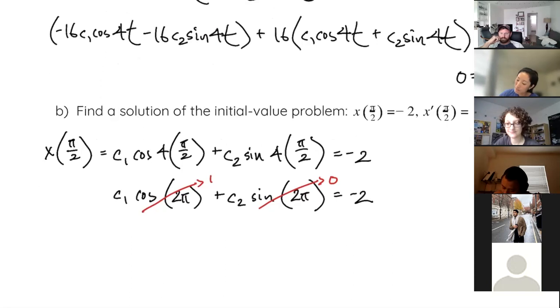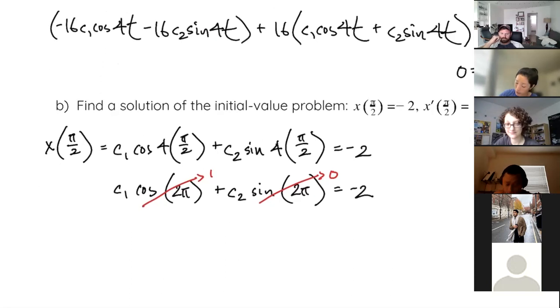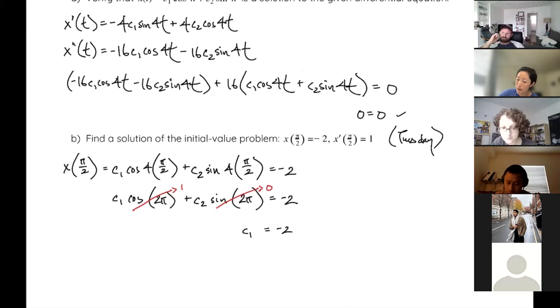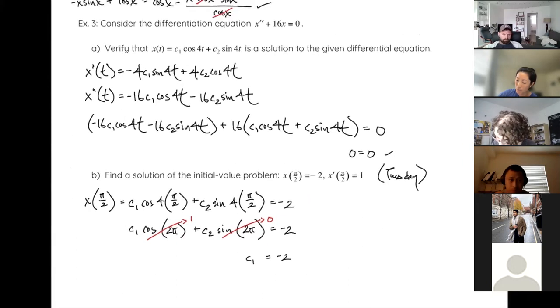Okay. But this means that we can clean up our expression a little bit. In fact, we can write this as C sub 1, the only thing left on the left-hand side, equals -2. Okay, so we found one of the values that we want to find. When we go back and write our equation, we'll be able to put a -2 everywhere we see a C sub 1.